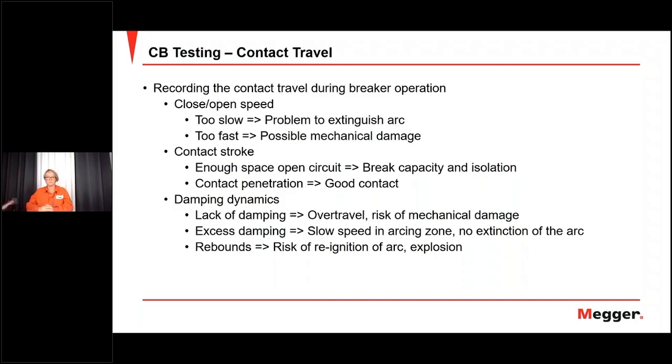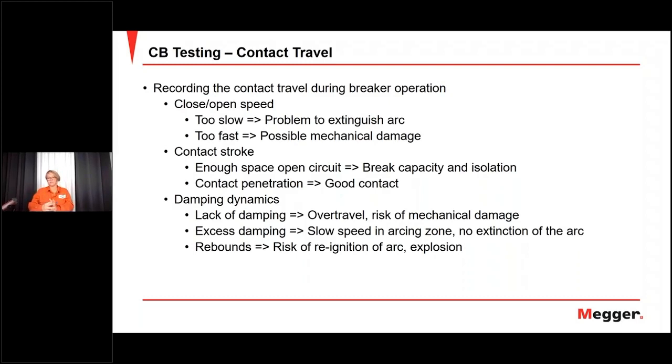And damping dynamics, if there is no damping, there's risk of mechanical damage, and if the damping is too hard, the breaker might become too slow in the arcing zone, and then you don't get a proper extinguishing of the arc.